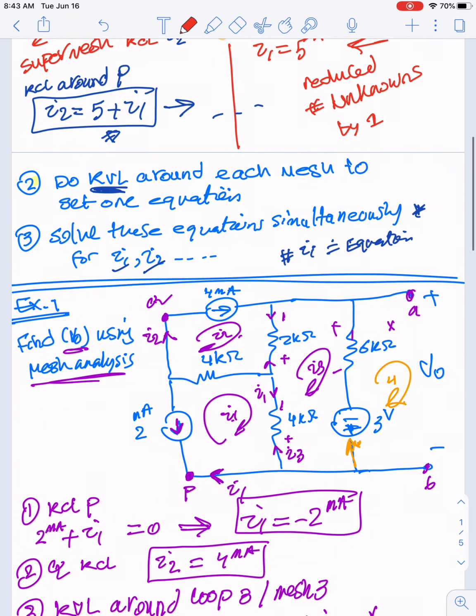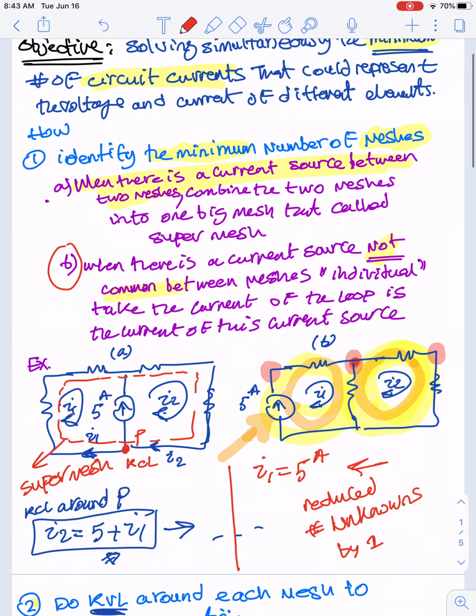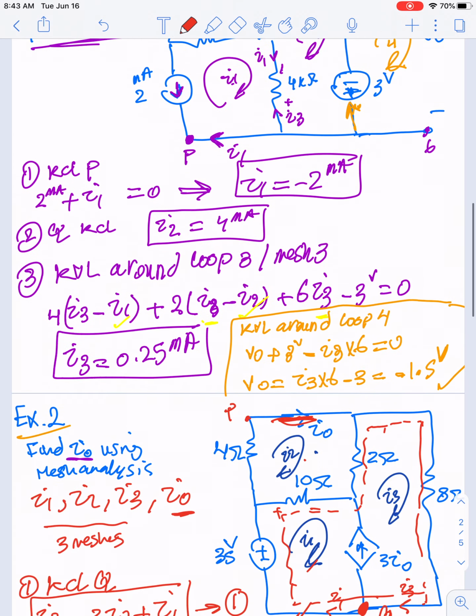It is really similar to the second example here, because there we knew that the current of this branch was 5 amperes, so we related this 5 amperes to I1. We'll do the same thing here.